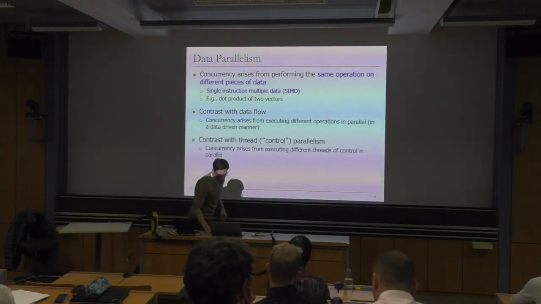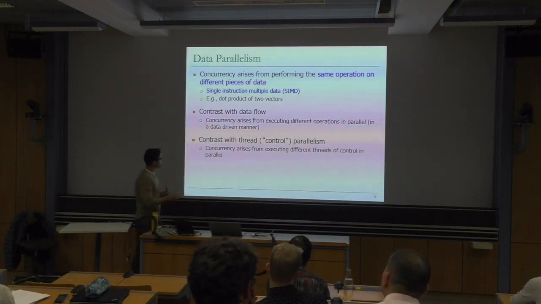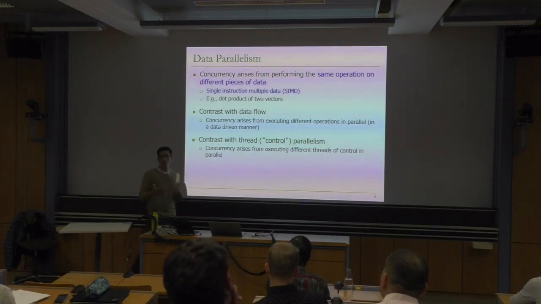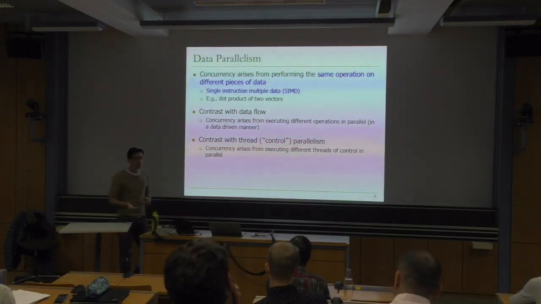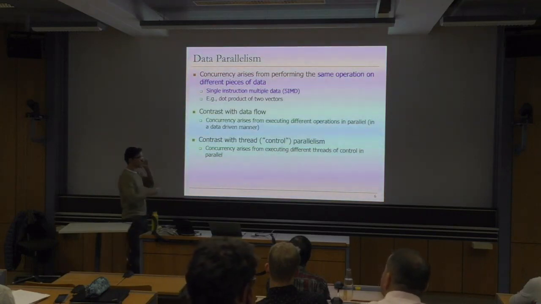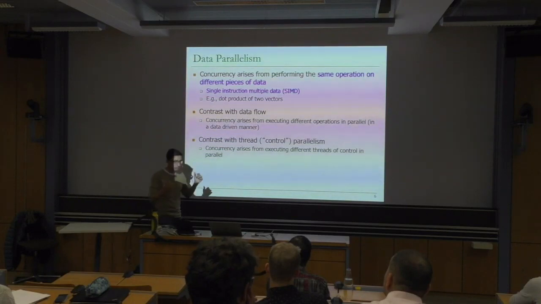Okay. And also the contrast with thread or control parallelism, which would be something similar to programming with multiple threads like P threads, OpenMP, and so on, which is what we usually do in multiprocessors or in multi-core machines. There we have different threads that can execute completely different programs, right?